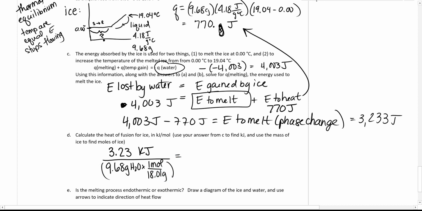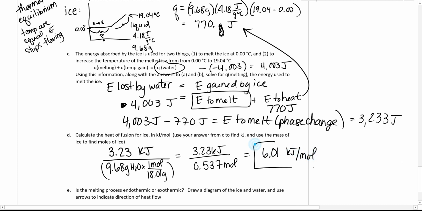So you end up with 9.68 divided by 18.01, which is 0.537 moles. So 3.23 kilojoules divided by 0.537 moles is basically 6.01 kilojoules per mole.